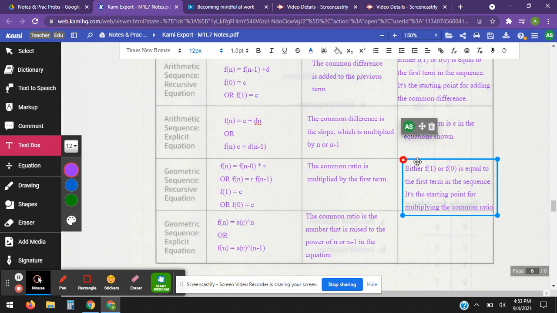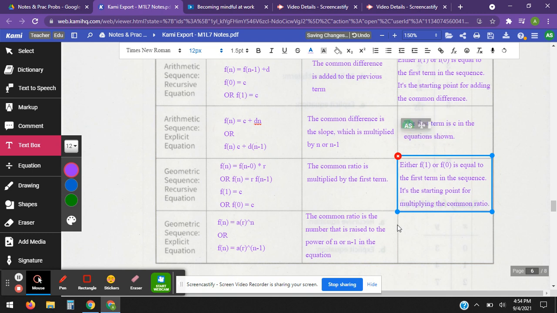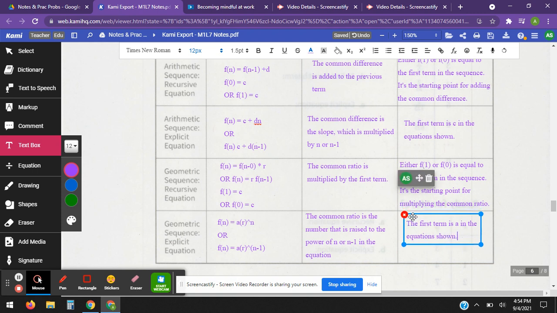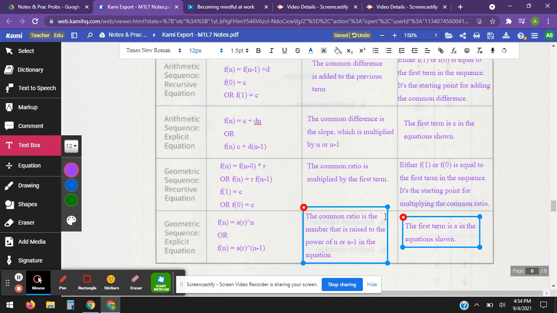All right, a lot of words on these. Okay, so down here then, the first term is a in the equations shown. So here we just have it as a. All right, quite a bit on that one, a little more involved.